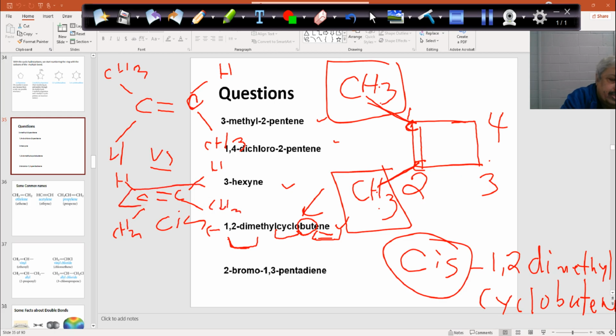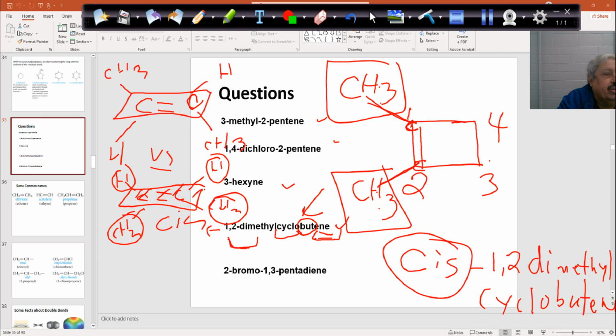If this is on the plane, sticking down from the plane, the two methyls here will be cis. The upper hydrogen is still cis. But if this is the plane here, and one is sticking out on the top and one is sticking out on the bottom of the plane, that will be trans.